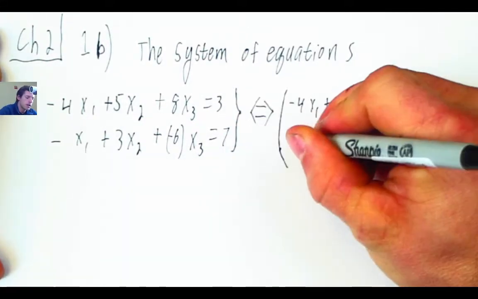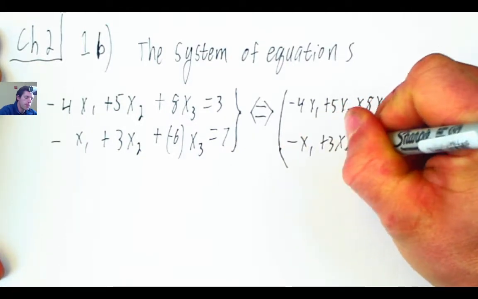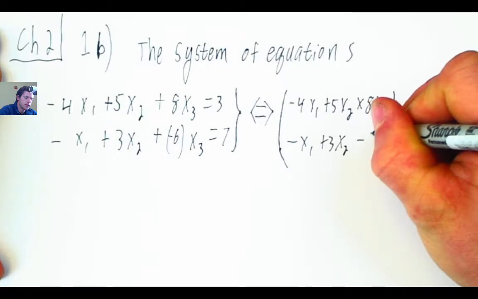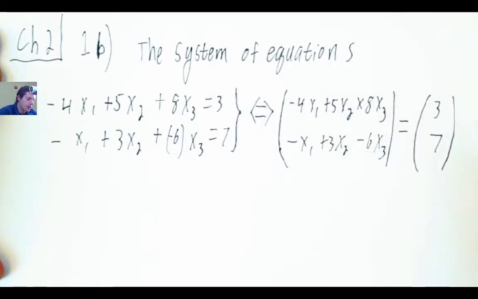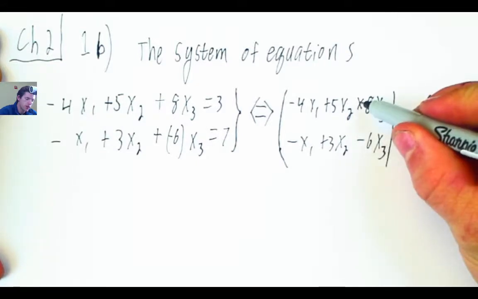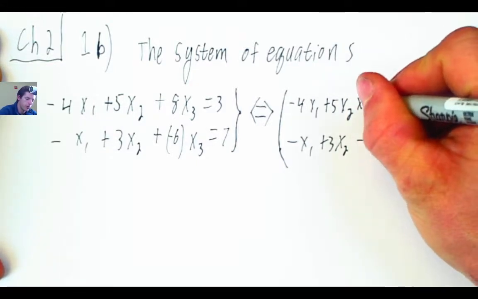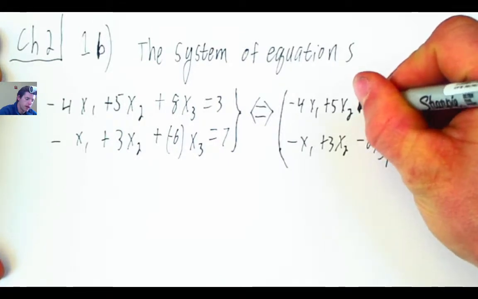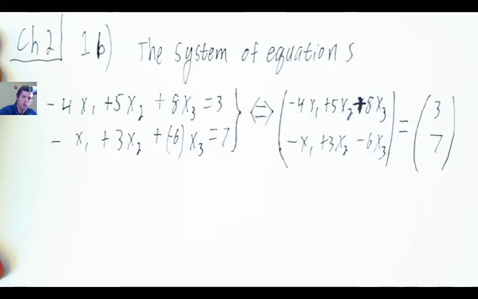Okay, so negative x1 plus 3x2 minus 6x3. And this typo was brought to you by too much coffee today. That plus sign somehow fell over. Let me try to bring him back. There we go. I've revived my plus sign. Okay.